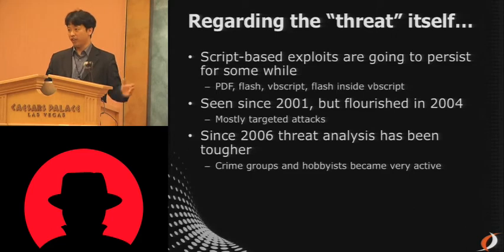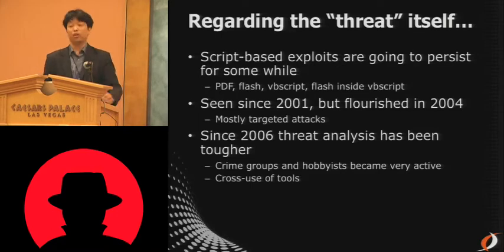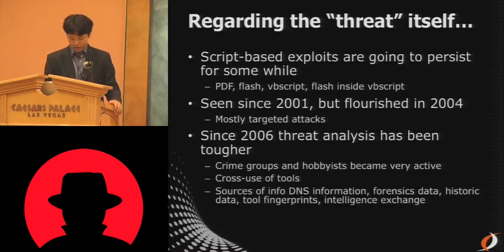A lot of the very good techniques and attacks today are not part of targeted attacks, but rather crime groups and hobbyists. Cross-use of tools: targeted attack groups, crime groups and hobbyists cross-use each other's tools, which makes threat analysis harder. Sources of info include DNS information, forensics data, historic data, tools, fingerprints, and intelligence exchange, which is very important.